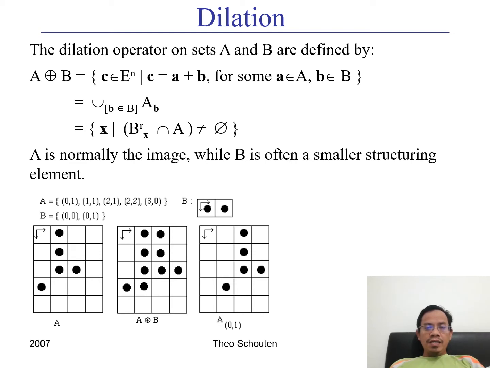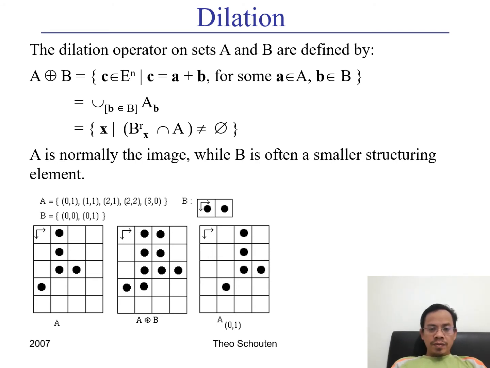A is normally the image, while B is the structuring element. So when we perform dilation by B on the image A, that is the function of the structuring element.